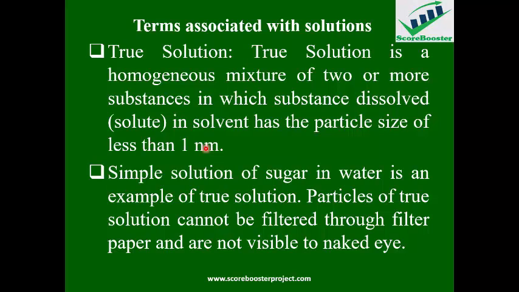The composition does not change with the portions of the solution. True solution is a homogeneous mixture where the particles of the solute are less than 1 nanometer. They are very small, like when we are dissolving sugar or salt in water.